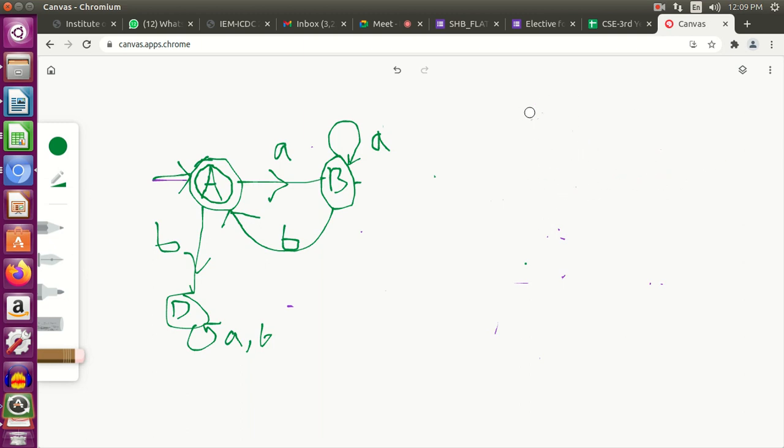It can start with A, end with B, or it can start with B, end with A, right? See, the starts with A, ends with B portion is already done, right? I'll just redraw that part.